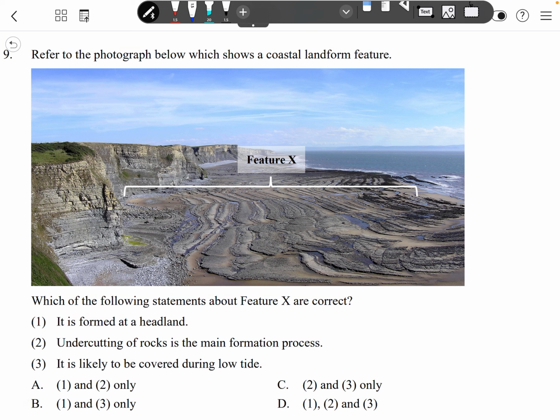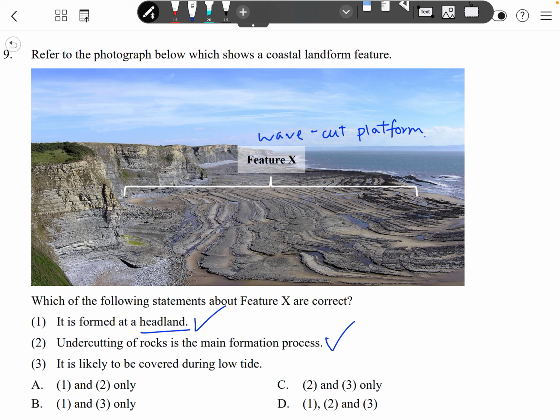Next one, which of the following about the coastal landform feature? It formed a headland. First of all, X is a wave cut platform. This is the wave cut platform, which forms a headland, correct. Undercutting of rocks is the main formation process.